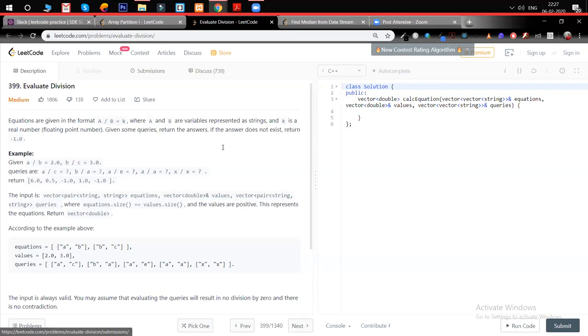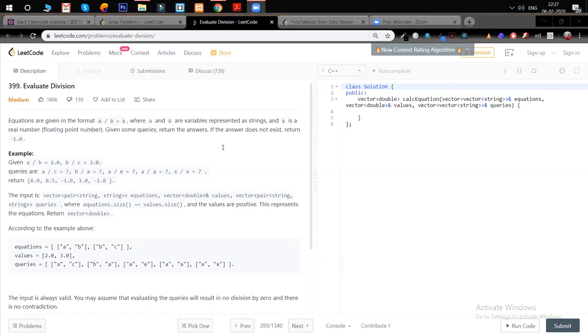Yeah, yes, this side. I think we can use a weighted directed graph. I tried on the notebook. We can map 3 points A, B, and C on it for this example, and the edge from A to B could have a weight of 2.